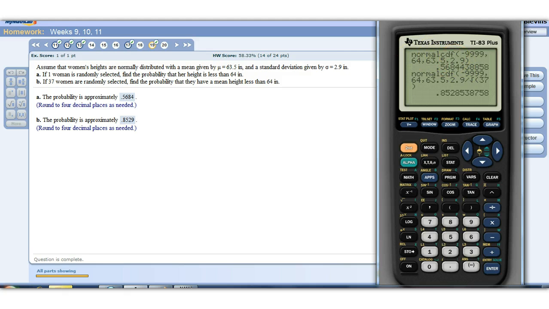But if we're taking a sample of some certain number, and then we're looking at the probability that the mean of that sample falls in some region, now we do have to adjust that standard deviation, but nothing else changes. The mean doesn't change. The region itself doesn't change, just the standard deviation. So make sure that you understand that. This one, the probability we're looking for involves a mean of a sample. This one, the probability doesn't. It involves one person from the population.